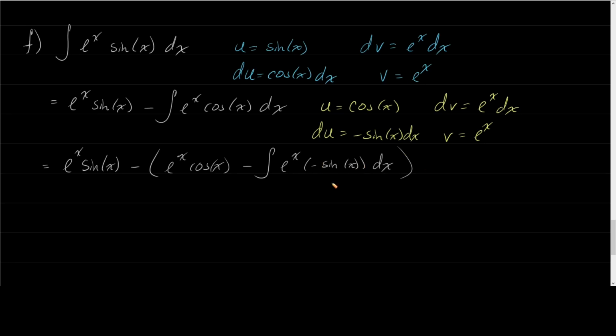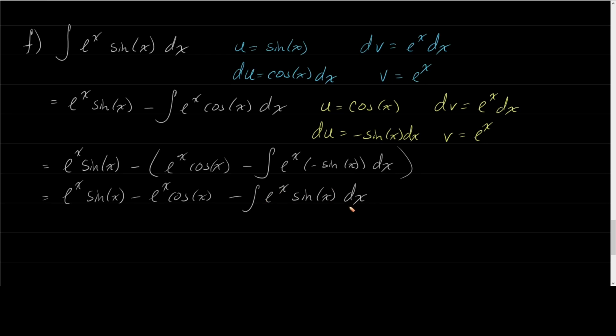And distributing this negative, what we really have here is e to the x times sine of x minus e to the x times cosine of x plus the integral, well, not really plus, because minus times a minus becomes a negative. So it's going to be minus here. Minus the integral of e to the x sine x dx.